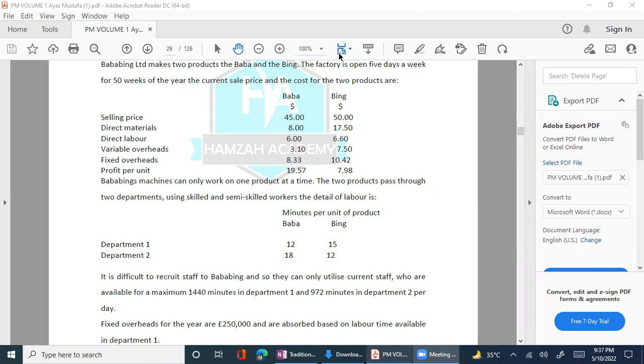You need to identify the bottleneck process, not the bottleneck product. The products are Baba and Bing, but the processes are department 1 and department 2. So you need to identify the bottleneck process, whether it is department 1 or 2. Baba and Bing are two products. So read the question again and try again.